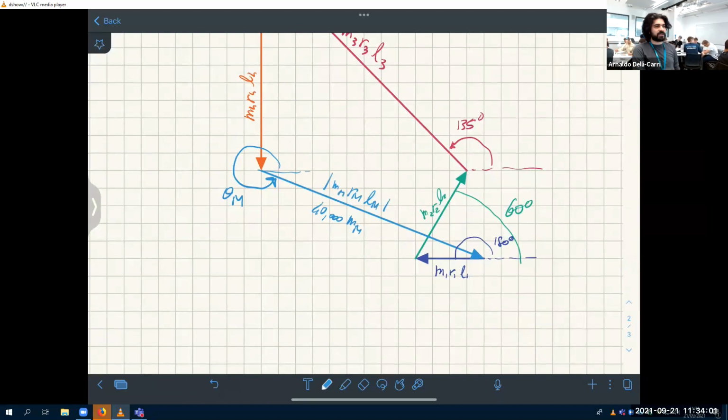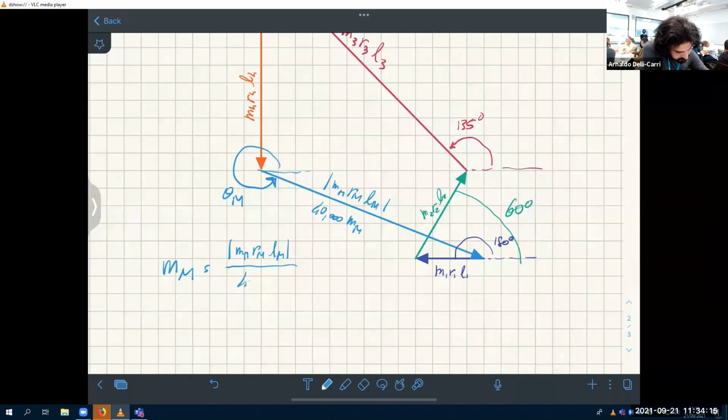So this is the magnitude of this vector. And so you know that mm equals the magnitude of the vector divided by 40,000. Do you agree with me? Does this make sense? Yes? No? Guys? All good?